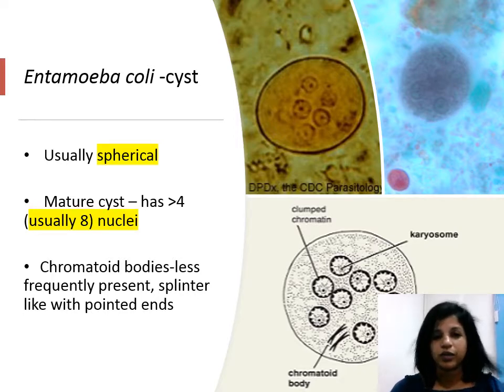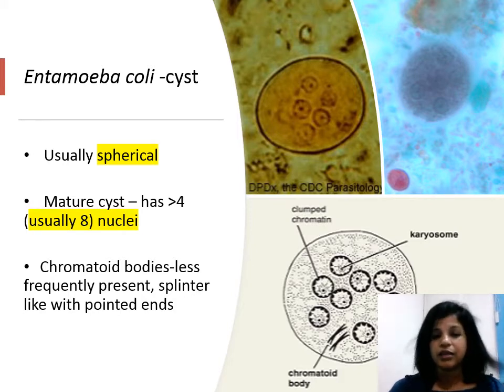What can go wrong is sometimes you may think of Entamoeba histolytica, but when you have the size measurements, Entamoeba coli is larger than Entamoeba histolytica. With that you can have a good guess that this is pointing to Entamoeba coli rather than histolytica.